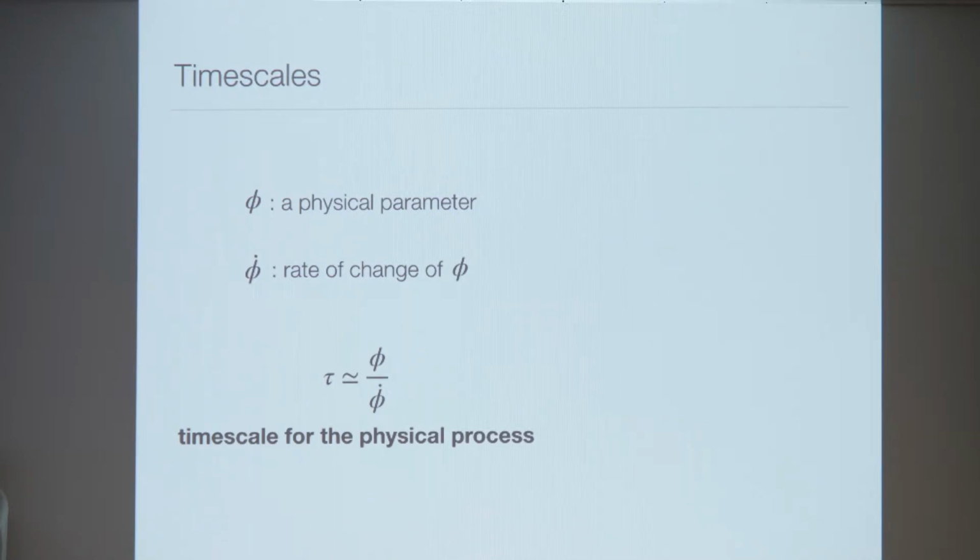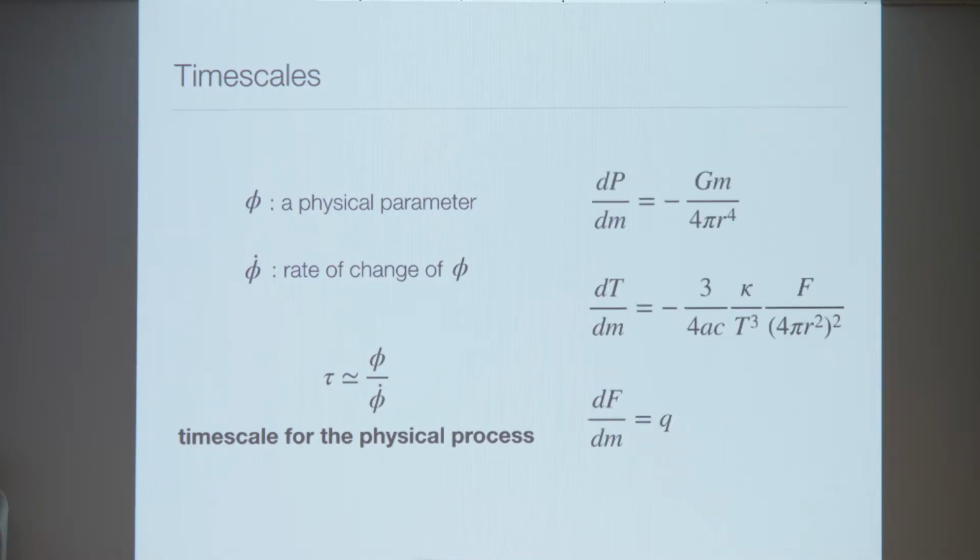From these basic equations, we can already think about some properties of stars, which is the timescale of stellar evolution. If there's some physical parameter with a rate of change, you can write the rate of change of this physical parameter, and then you can derive the time scale for the physical processes to happen.